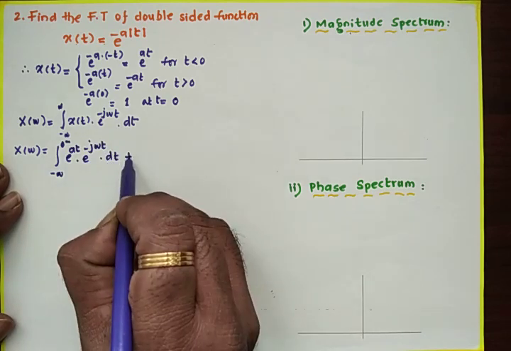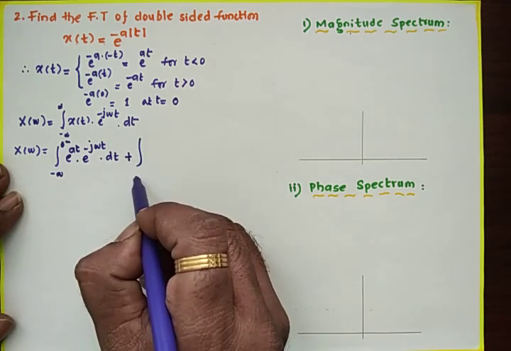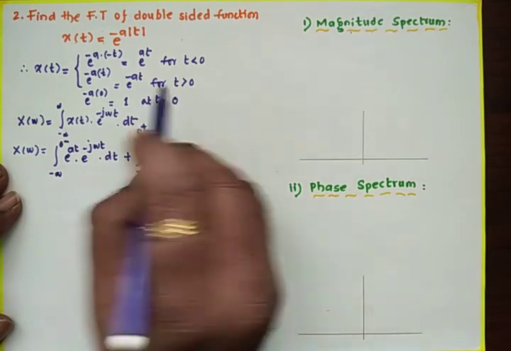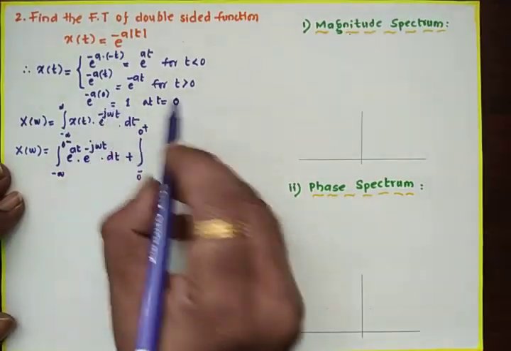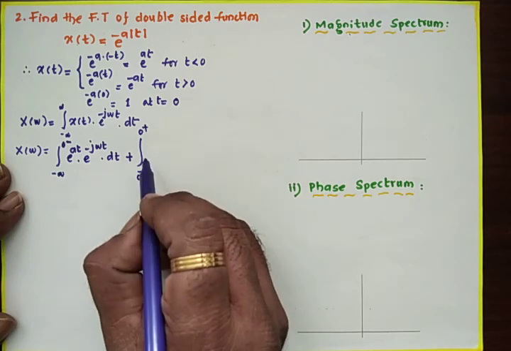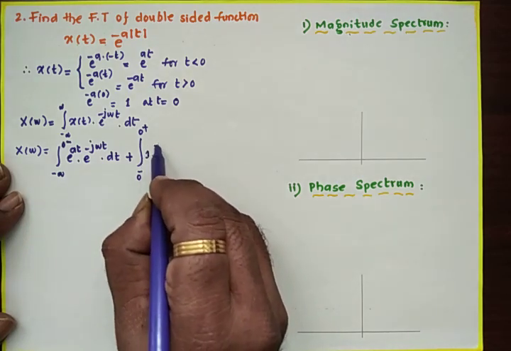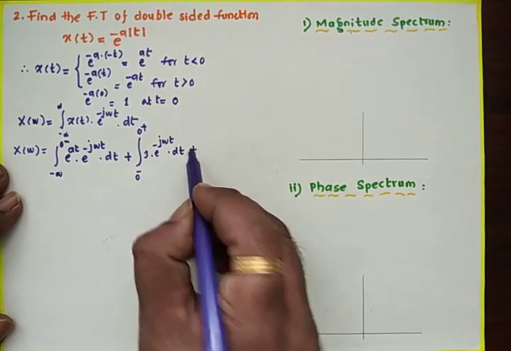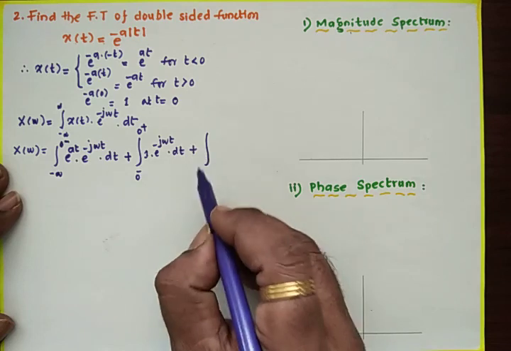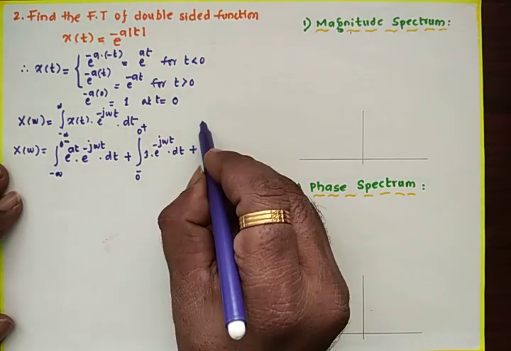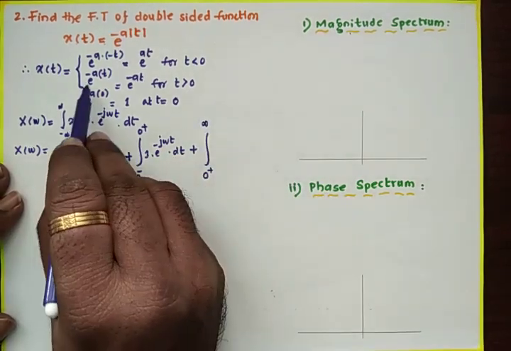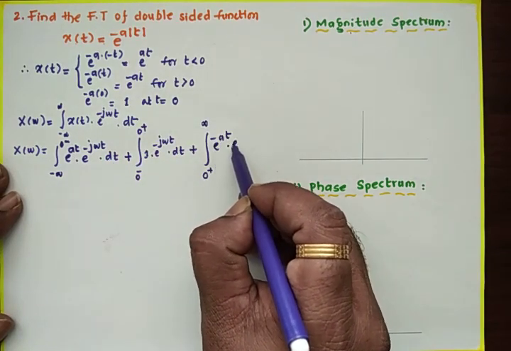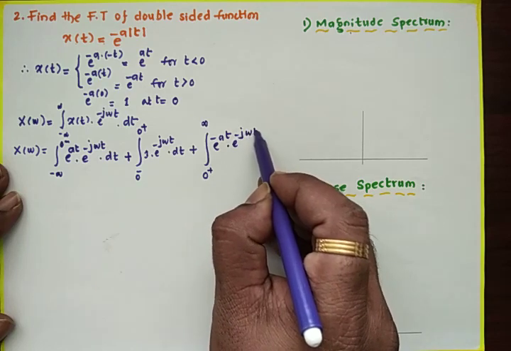At t equal to 0 also it has a value, so the integral is from 0 minus to 0 plus, and at t equal to 0, what is the amplitude? That is 1 into e to the power of minus j omega t dt. Then the third case is for t positive values, that is 0 plus to plus infinity. What is the signal? That is e to the power of minus a t into e to the power of minus j omega t into dt.